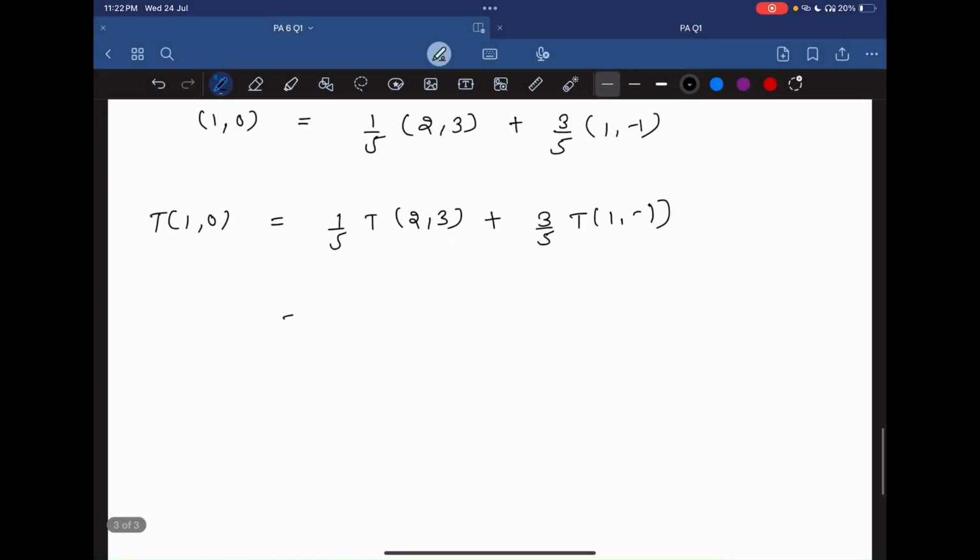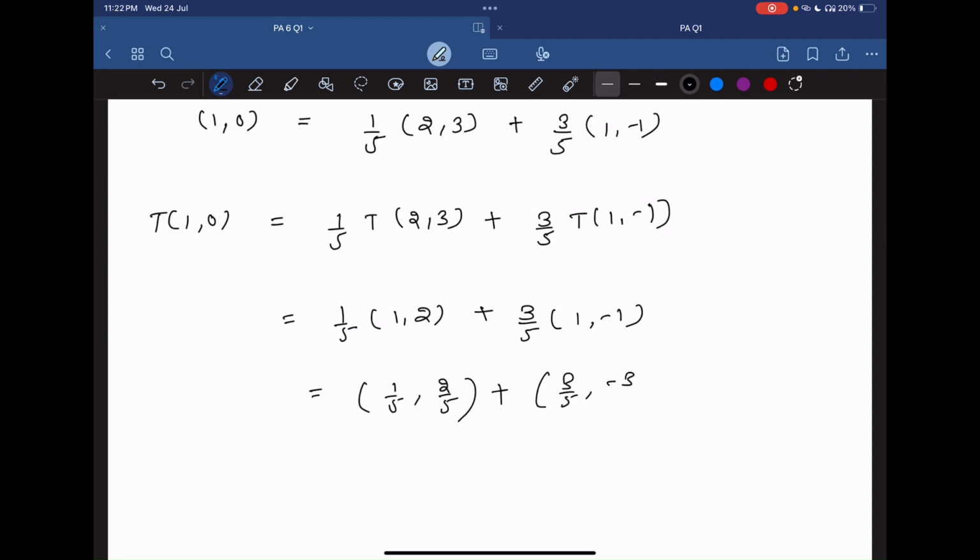And on solving this, we get 1 by 5 times (1, 2) plus 3 by 5 times (1, -1). So that is (1 by 5, 2 by 5) plus (3 by 5, -3 by 5), and we'll get 1 by 5 times (4, -1).